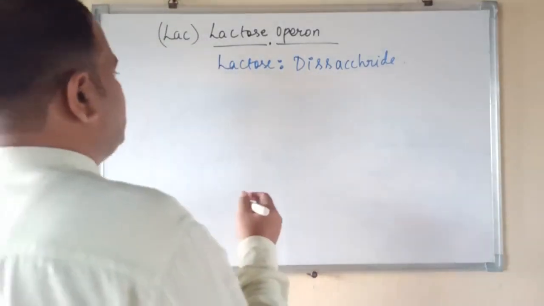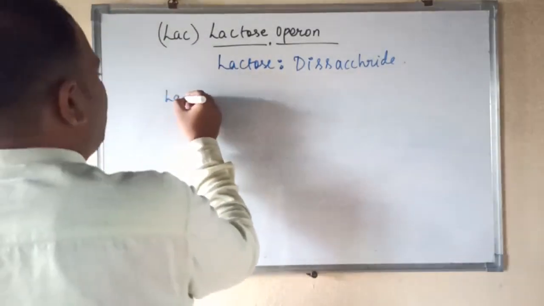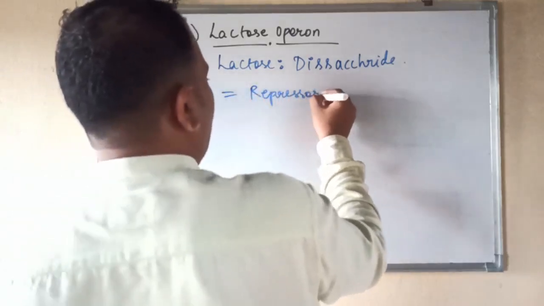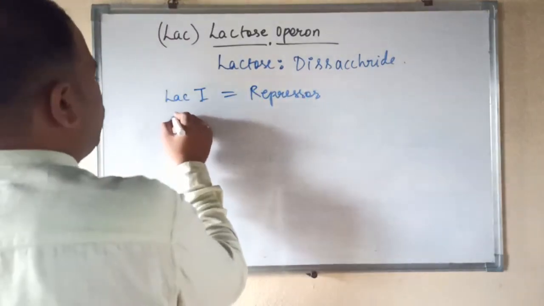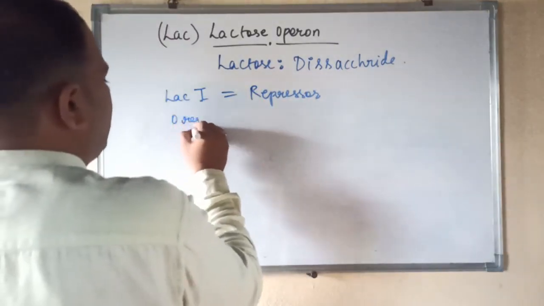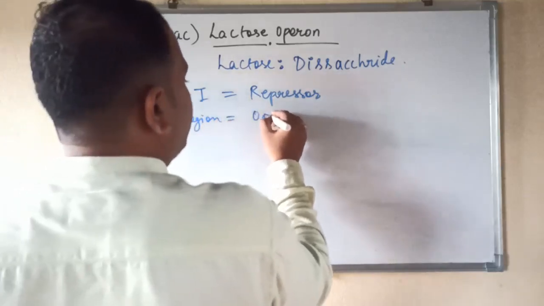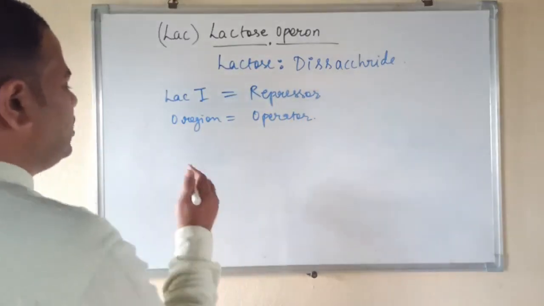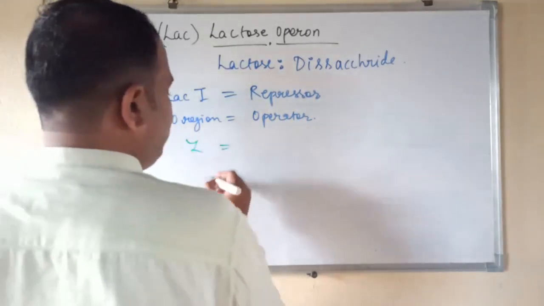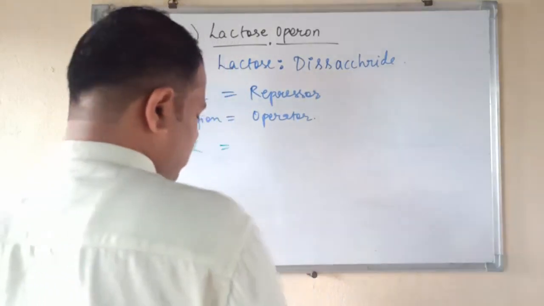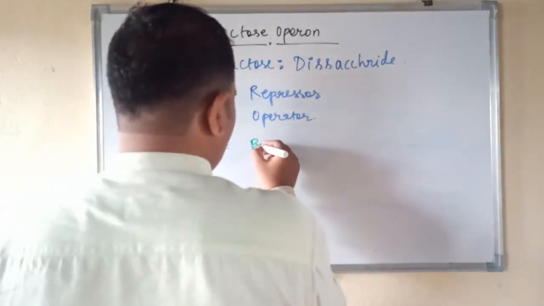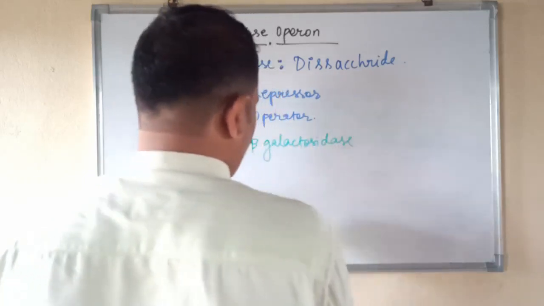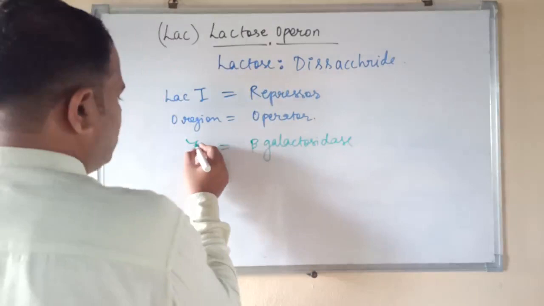There are two regulatory genes here: the Lac I gene that codes for the repressor, and the operator O region that codes for the operator. And there are three structural genes. First is Z, that codes for the specific enzyme beta-galactosidase.